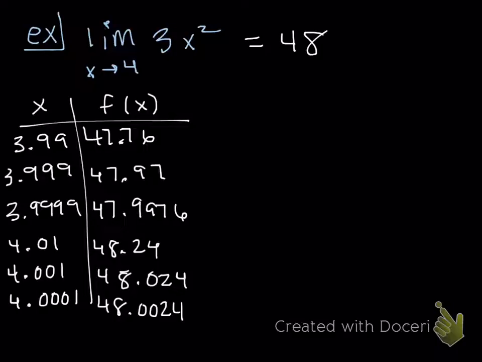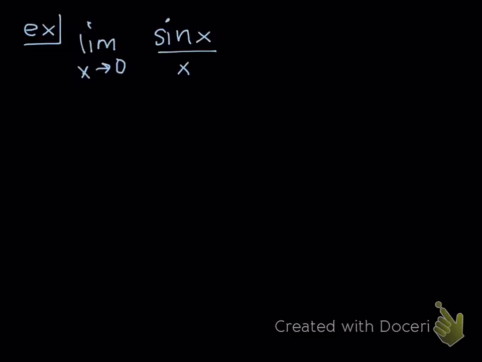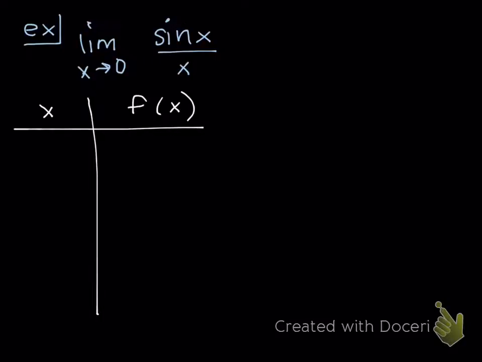Now let's try one with a trig function in it. Again, we'll use calculators for this. You need to make sure you're in radians when you're plugging in the value of 0. We're going to approach 0 from the left side and from the right side. I have negative 0.01.